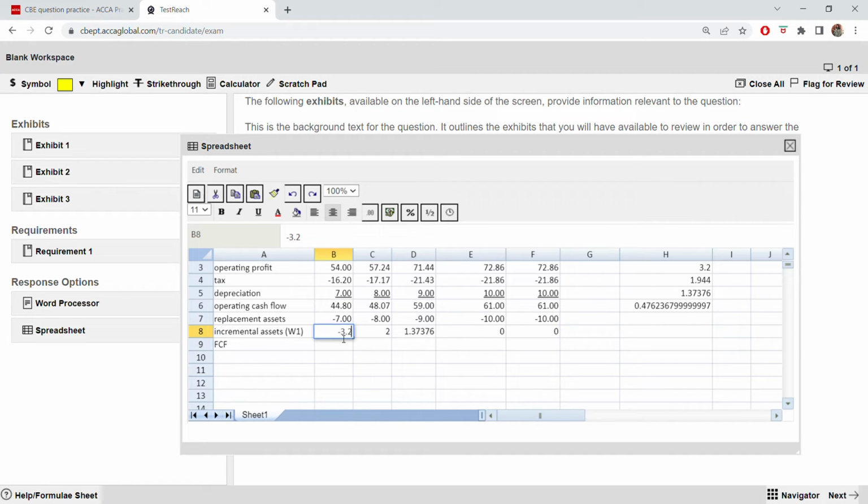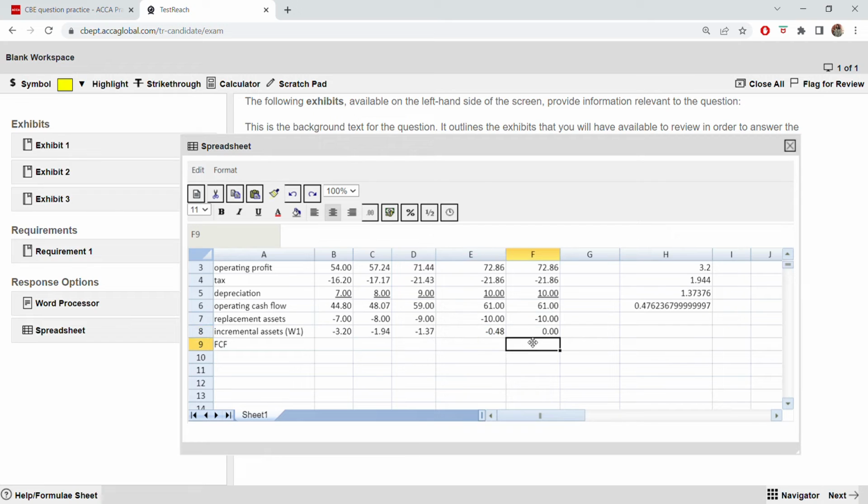Or first, what you can do is round this up to 2 decimal places. Like this. After that, you can give negative. Because the moment you show bracket, it will bring everything to whole number.